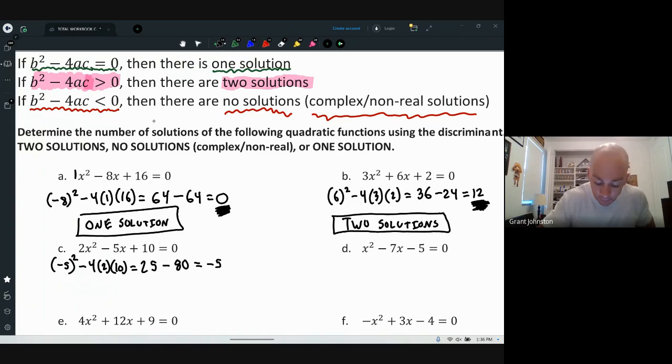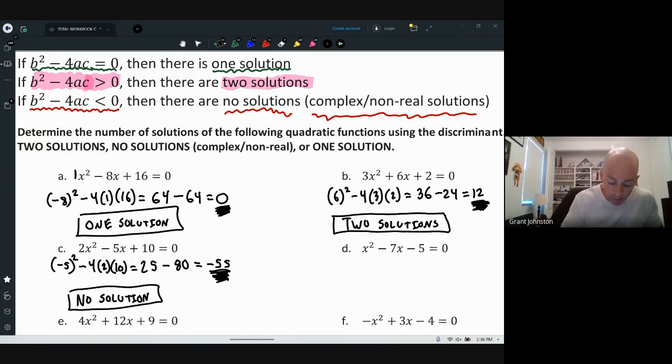It's negative 55. So since it's negative, also known as less than 0, there's going to be no solution, because when we're solving quadratic equations, you can't take the square root of a negative.